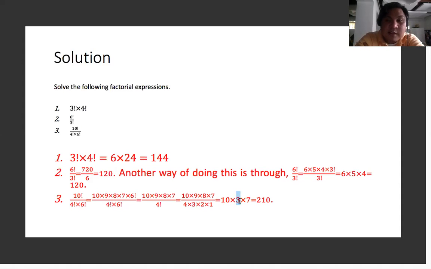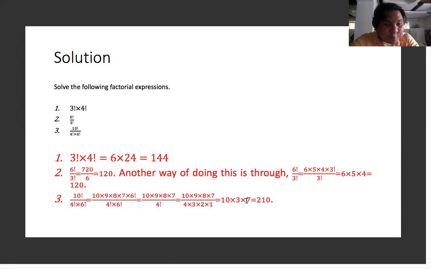Thus, the only numbers you have left for this particular expression are 10 times 3, which was 9 earlier, and then times 7. And 10 times 3 times 7 is simply 10 times 3, that's 30, times 7, that's 210.